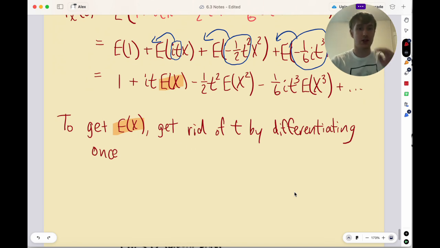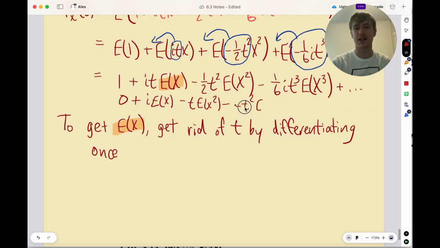Let's go ahead and differentiate this once, and what we're going to get is 0 plus i times the expected value of x minus t times the expected value of x squared minus some t squared expected value of x cubed plus dot dot dot.